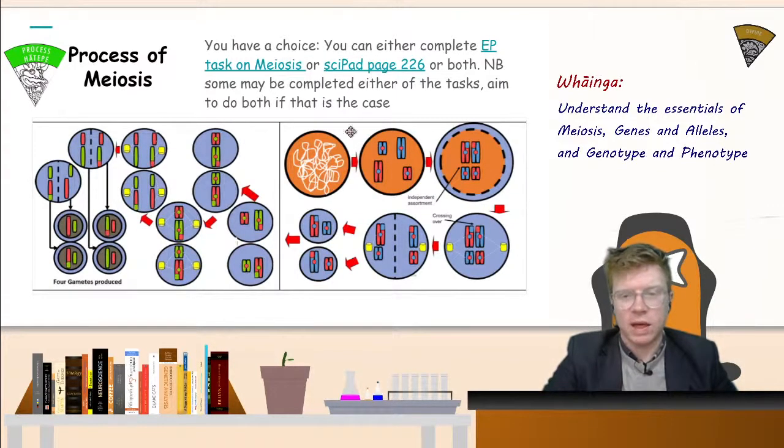In this particular slide, you've got 2 tasks. You can complete either this EP set of questions on meiosis or the SciPad page, or you can complete both of them if you feel like you need that kind of extension. I would challenge you to pick the one that might be more challenging for you, as that will challenge you more and further develop your learning.